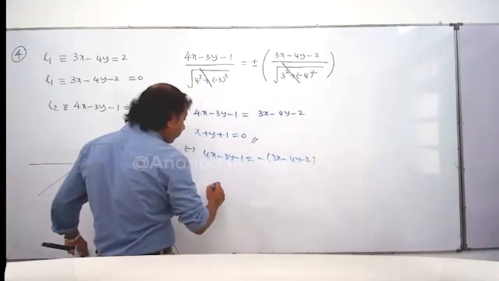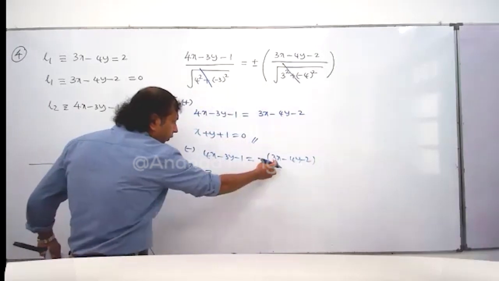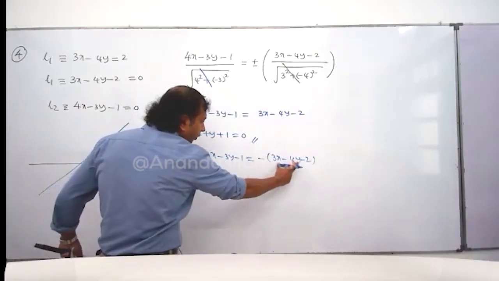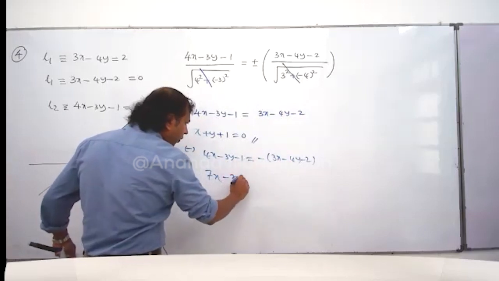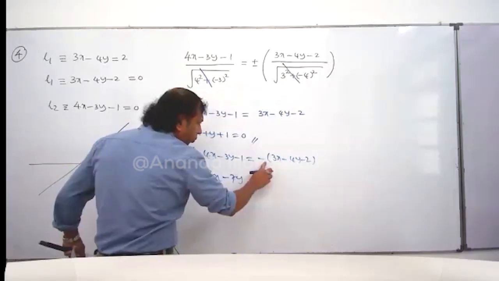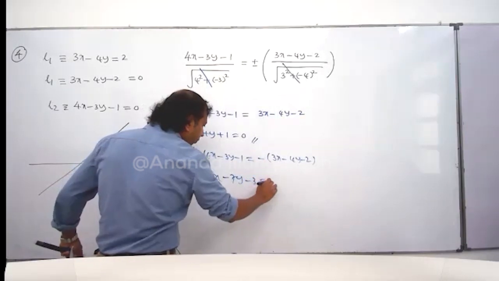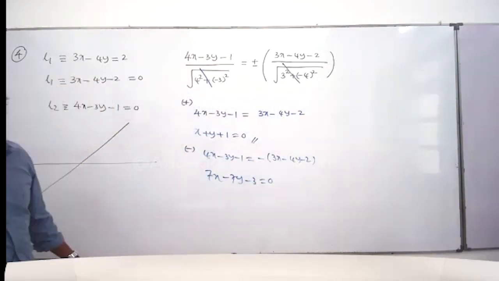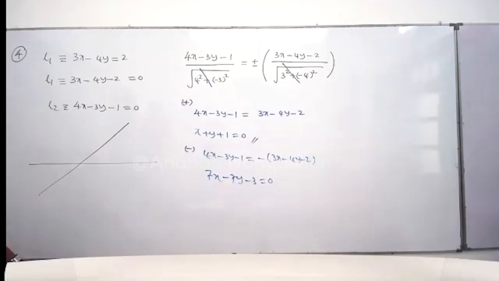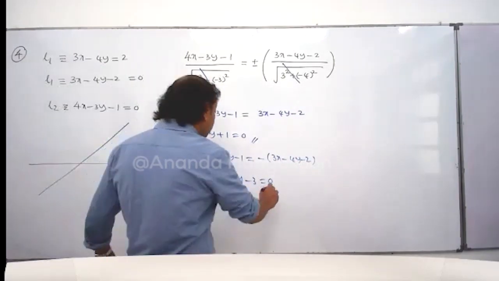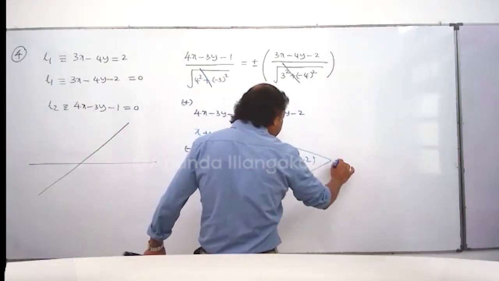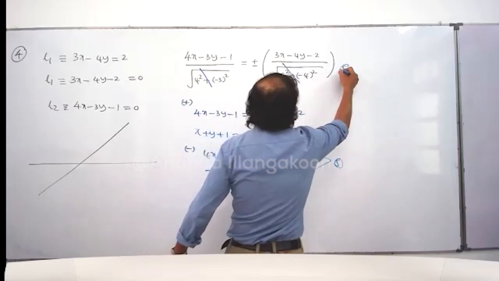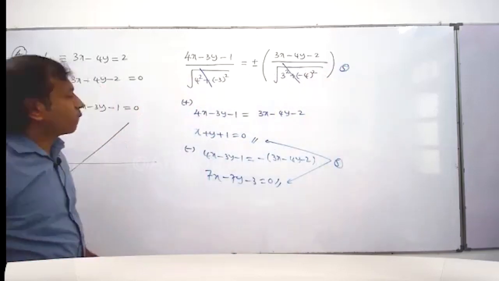Then we get 7x minus 7y minus 3 equals 0. Then for this 2, 5 marks given. For this one, 5 marks given. Okay.